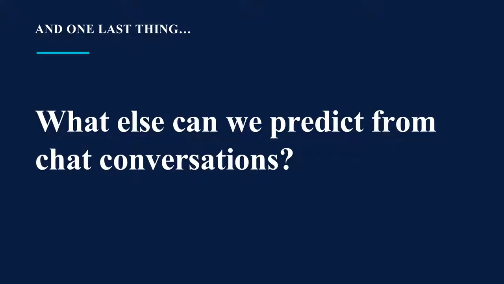Well, it's traditional to end every IT talk with "and one last thing." What else is it that we're able to predict from chat conversations? We were able to predict what the next sentence is likely to be, but what else can we do? Well, I'm here to say that we had some very interesting results from some analysis I did earlier this year, where I was looking at conversations in a chat room about a project.